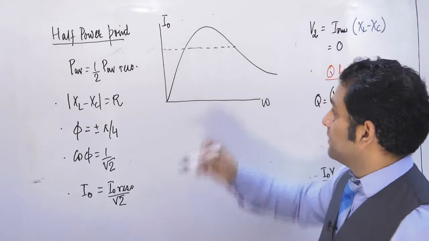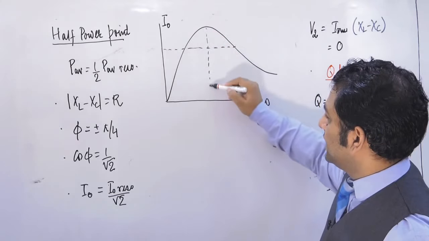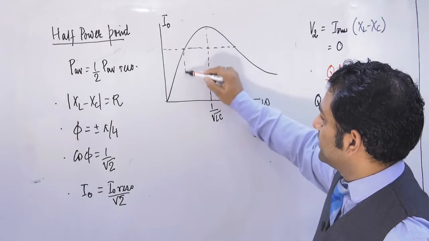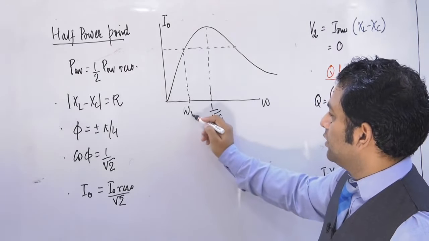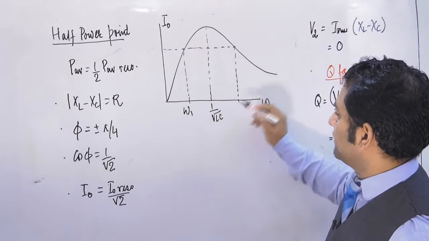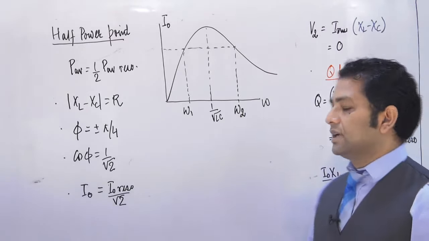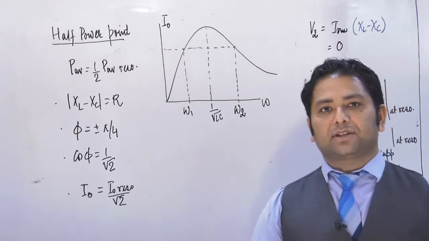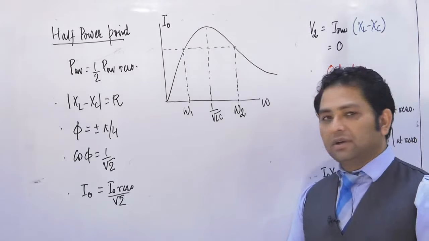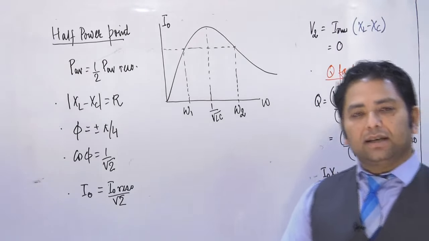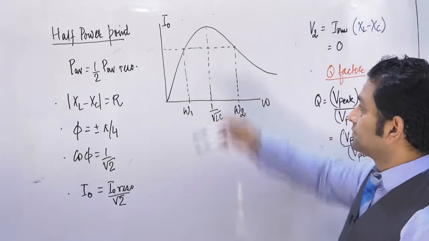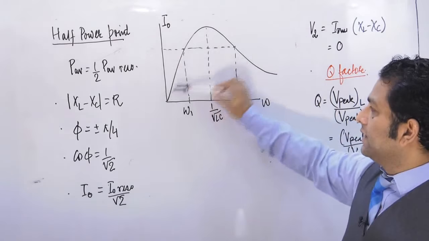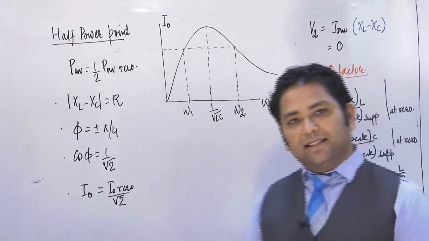And then another important part, this is the situation of 1 by root LC, and here this is at one frequency which is omega 1, and this is at another frequency which is omega 2. So at frequency omega 1 and frequency omega 2, the power involved with the circuit is half. That means in this peak the power is greater than half, and here the power would be less than half.